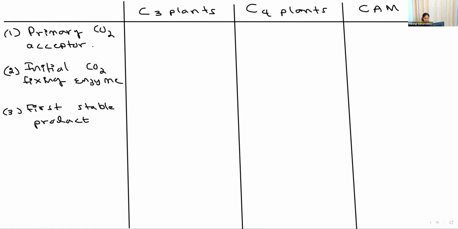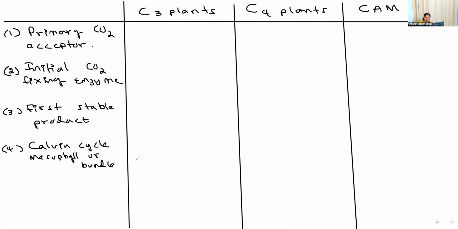PGA or oxaloacetate. So this one is new.